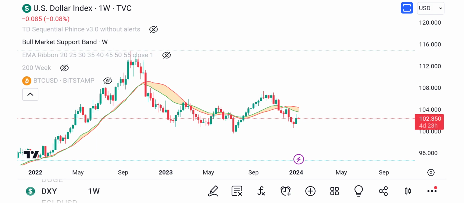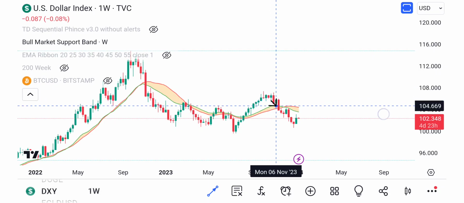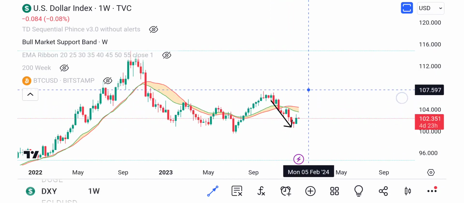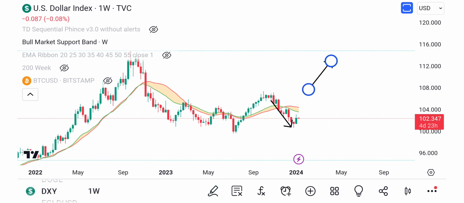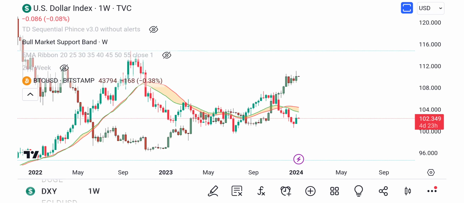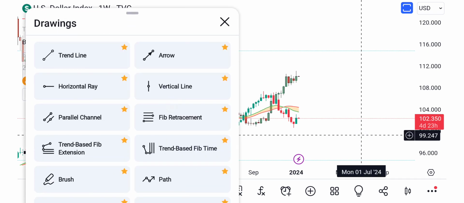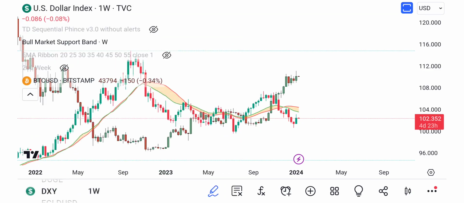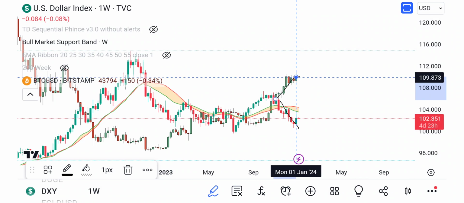But just to keep in mind, for those of you who don't know, when the dollar or the DXY goes down, usually that means crypto is going up or some to that effect. So if I put Bitcoin up, you can see, right? DXY going down, Bitcoin going up.